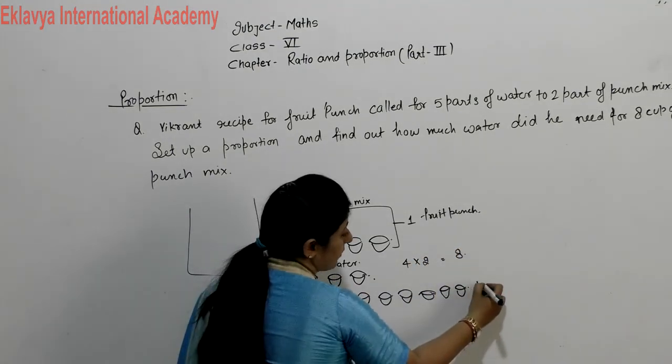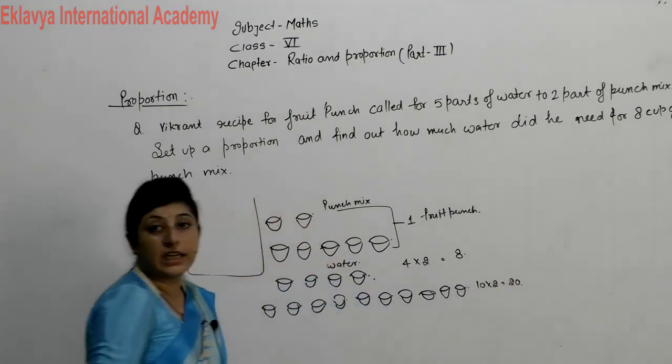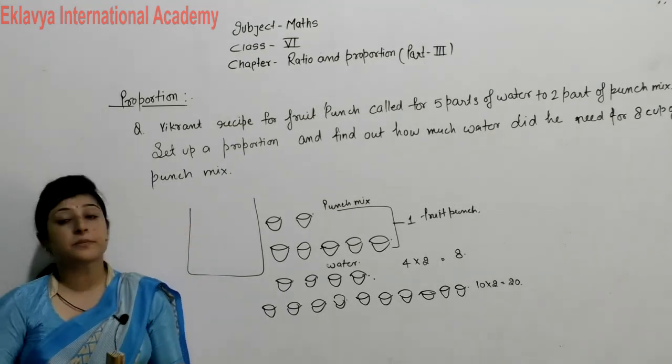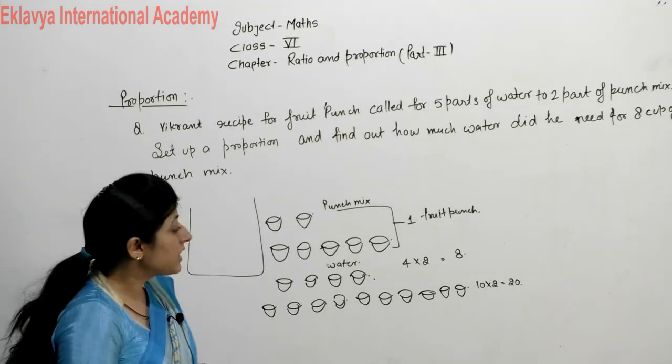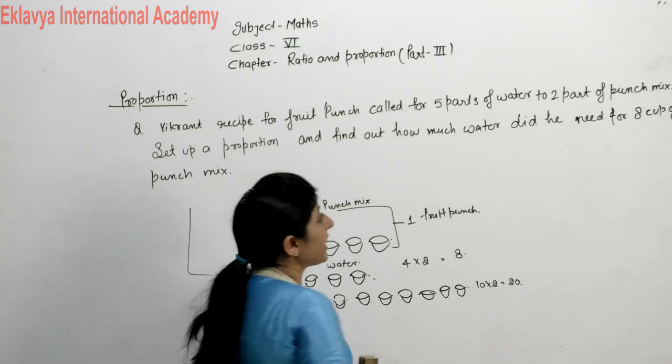It means we have to double the water also, 10 to 20. If we are using 8 cups of punch mix, then we need 20 cups of water.